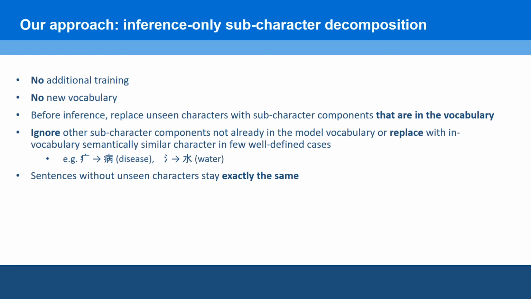If the unseen characters contain subcharacters that are not in the vocabulary, we either ignore them, or for a small set of subcharacters, we replace them with semantically similar in-vocabulary characters. And this is a very flexible approach, which we can apply only when useful. So sentences with no unseen characters are not changed.